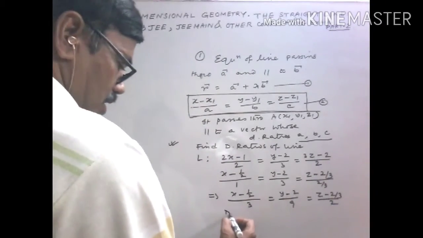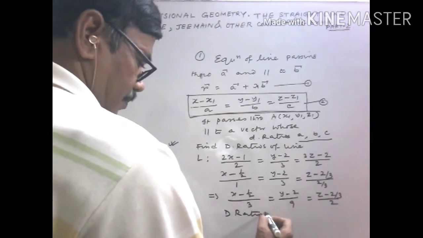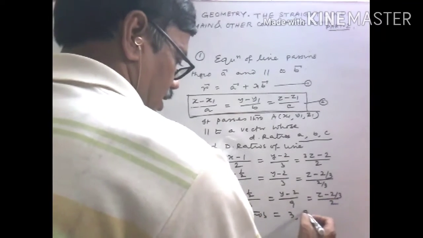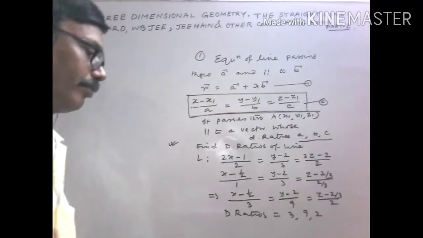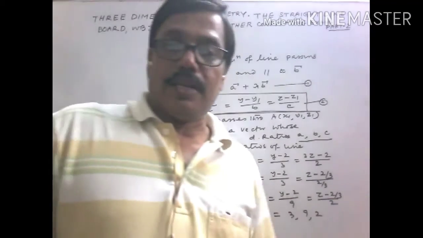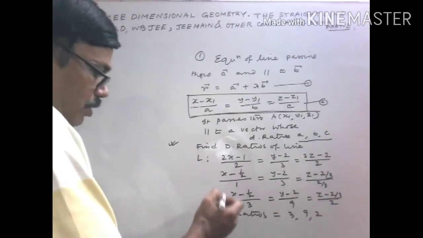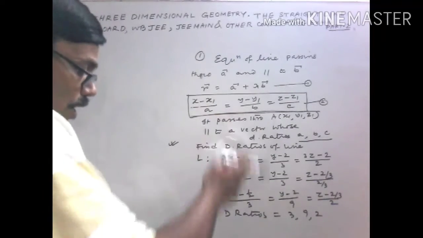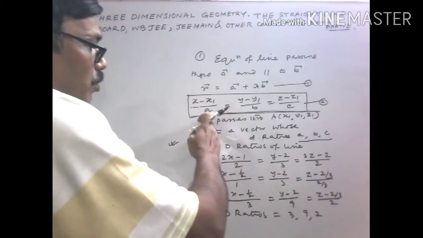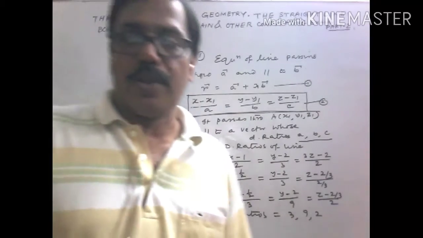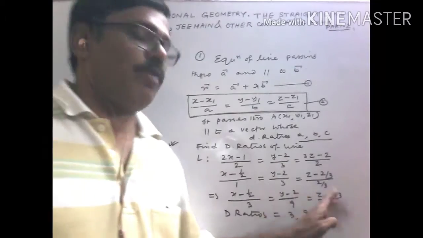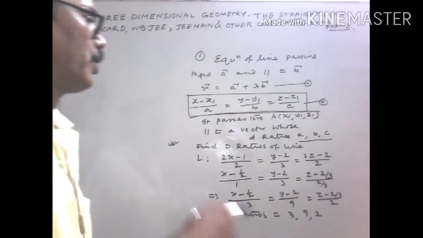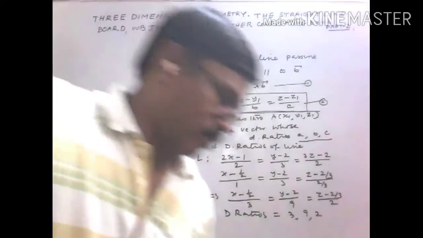D ratios is 3, 9, 2. So listen, this is to be noted that to find d ratios you have to put in standard form. Also the line passes through (half, 2, 2 by 3). So this is basic concept.